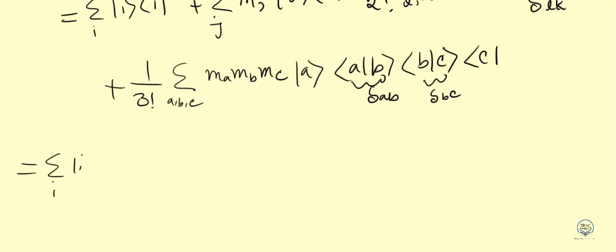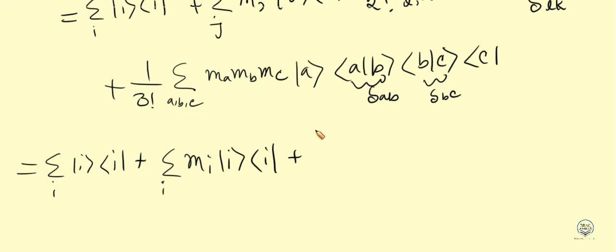It's I like this, and the second term instead of J we'll now switch to I, and the reason will be clear very soon. Is now M I I, and then you'll have 1 by 2 factorial over here.